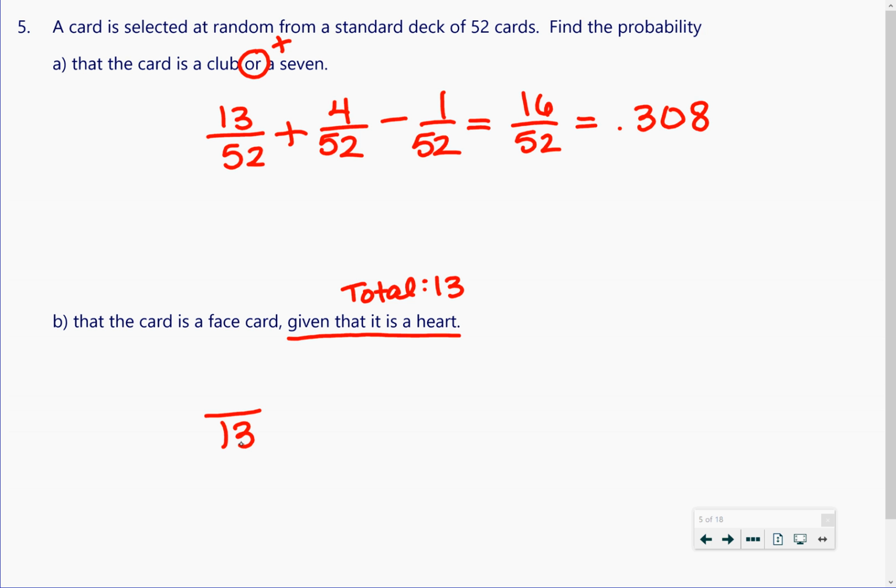And I want to know the probability, out of those hearts, that I get a face card. Face cards are ones that have faces on them, so jacks, queens, and kings. How many jack, queen, and kings of hearts are there? There's one of each. 3 out of 13, which is 0.231. Questions on 5?